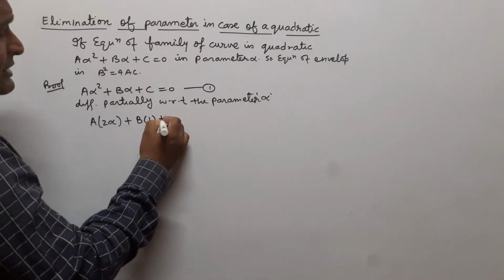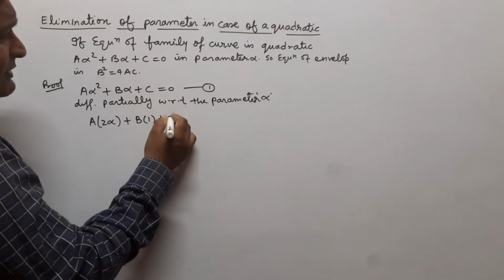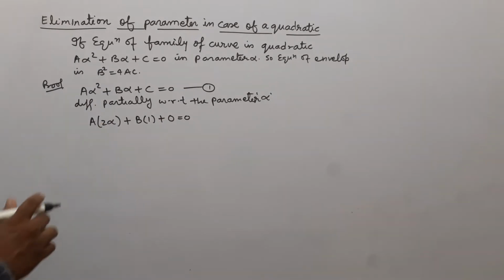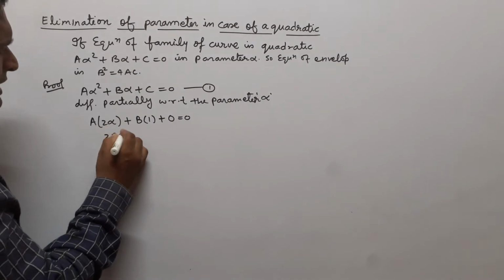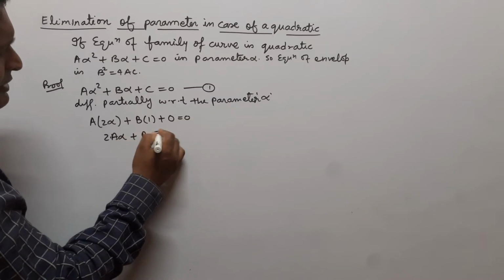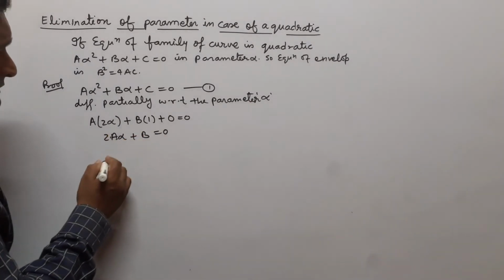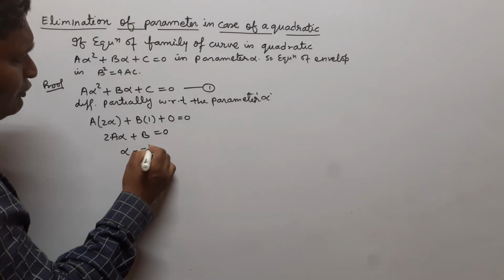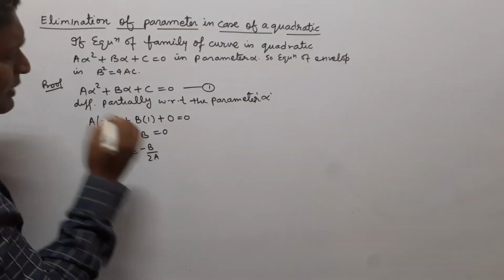And here c is constant with respect to alpha, so the differentiation of c is 0. So we can write 2a alpha plus b is equal to 0. So from here we can see that alpha is equal to minus b upon 2a.